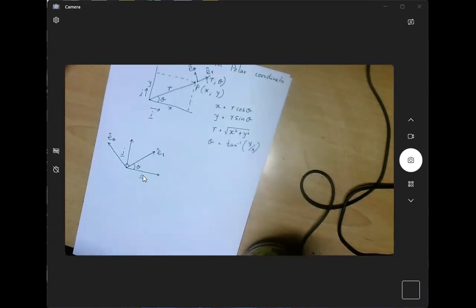Unit vectors i and j are constant unit vectors, right? There is no doubt about that. They are fixed in direction and also size. But what about this e_r and e_theta? Will they be the same, or will they change according to the position P of the particle?